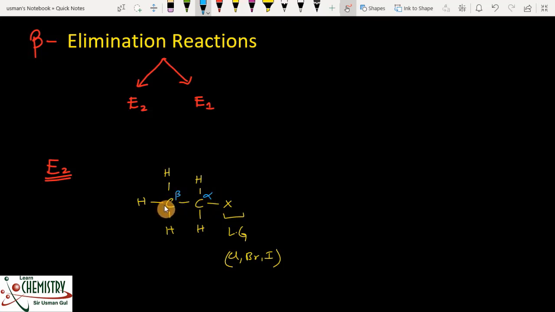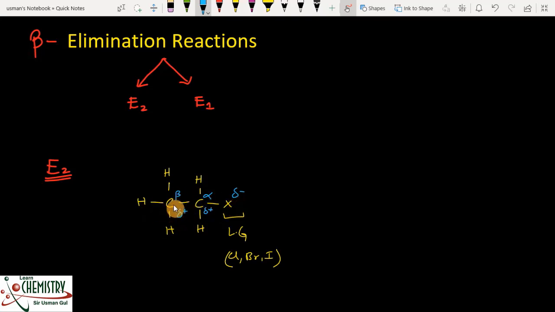Now if we talk about the inductive effect, because of the negative end on the right hand side, the other end will be partially positive. So both carbons will be partially positive. I drew the partial positive charge on the beta carbon more, because it is the opposite end of the negative.